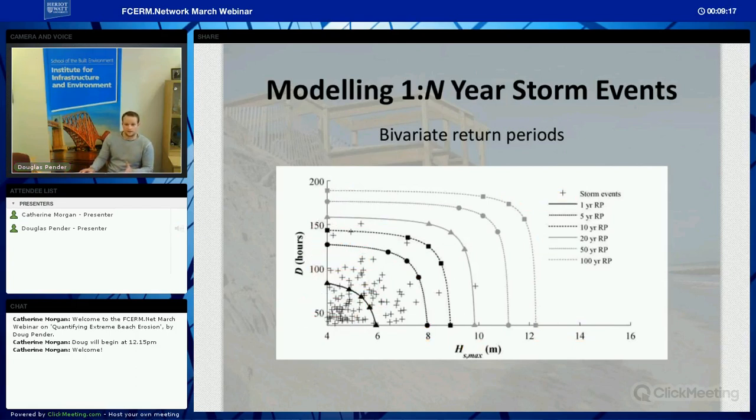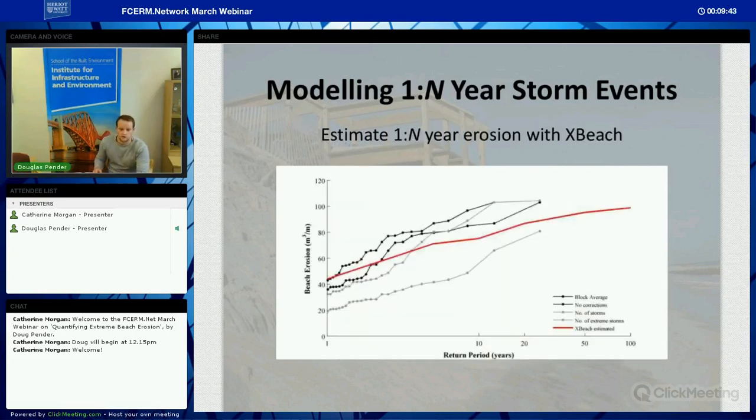So if you fit the peak wave height and the duration to the generalized Pareto distribution using a peaks over threshold technique, and you fit that to a logistic model to get the dependency, you can come up with these bivariate return periods of peak wave height and duration. So then what we did was take 5 of these at each return level and model them using XBeach to estimate the extreme erosion volumes.